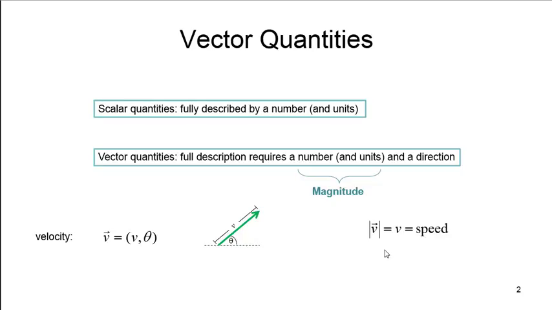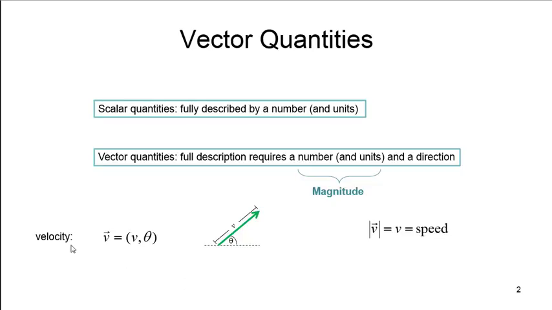Another new piece of notation you're going to have to get used to is the absolute value. When we take the absolute value of a vector, what that really means is we're just calculating the magnitude. So here is one way to say just get the magnitude: you put your vector in the absolute value sign. Another way to say I'm just talking about the magnitude is to just write the variable without an arrow on top.